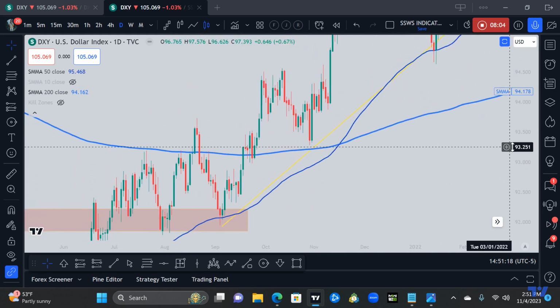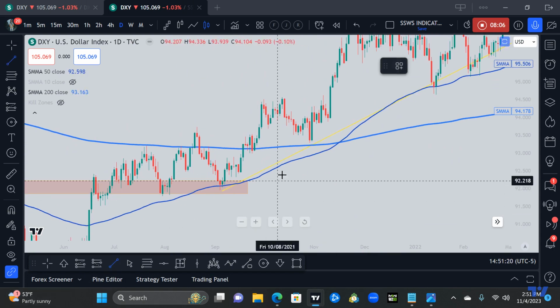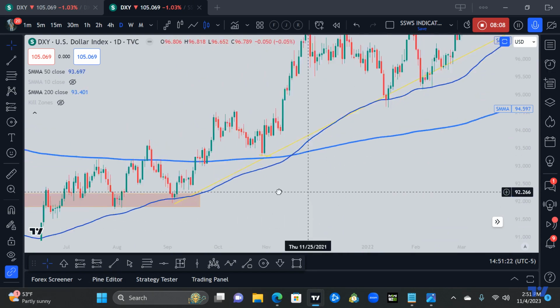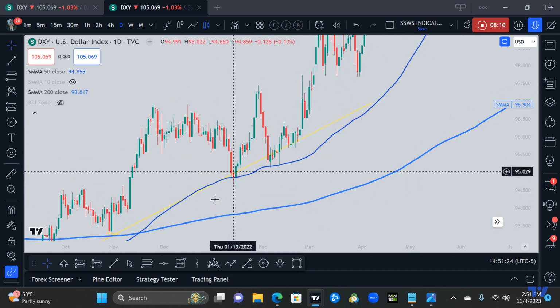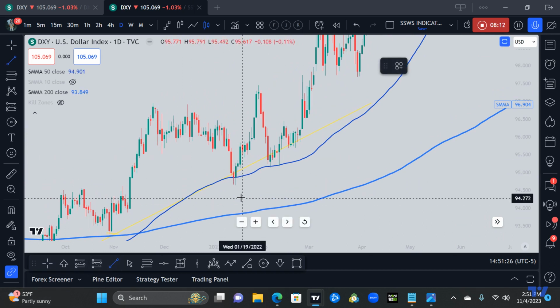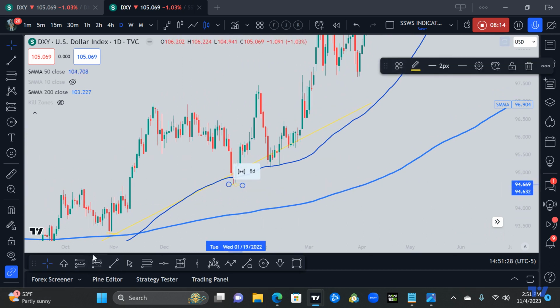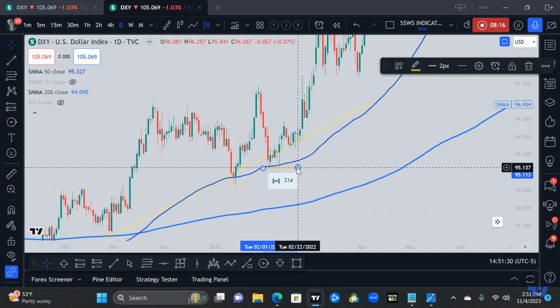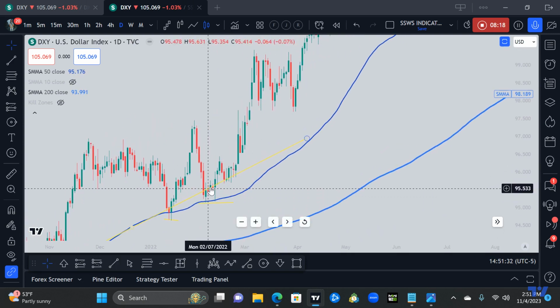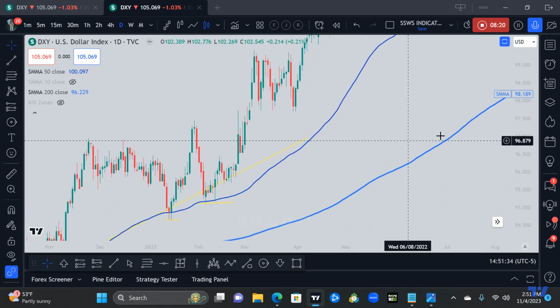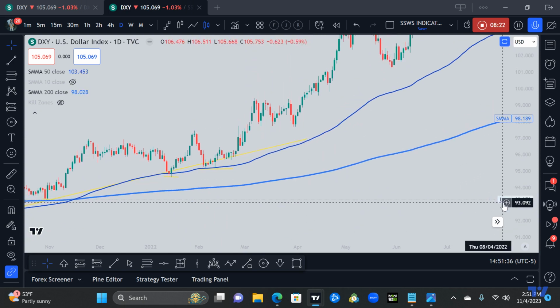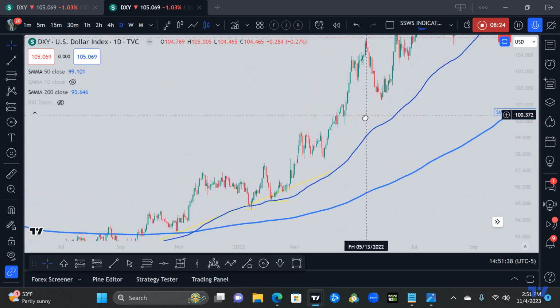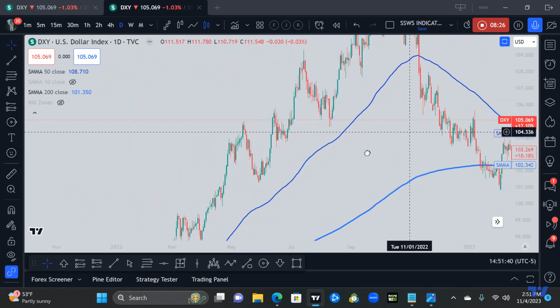So you see how we have buy rejecting this trend line, 50 SMA. Buy. And all of these rejections could have been more entries that you could have had to triple or quadruple your profits, depending on whatever you're trading.